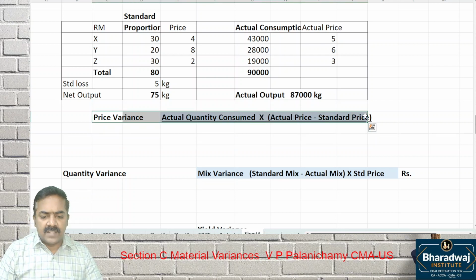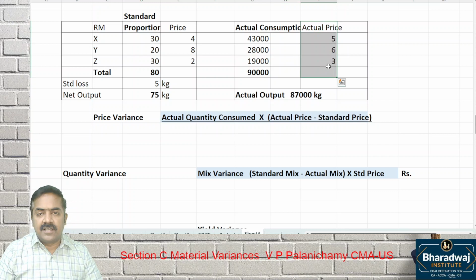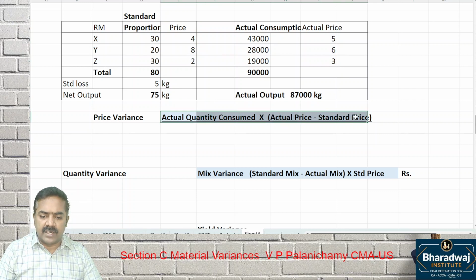What is the price variance? There is a change in the rate. The actual rate is different from the standard rate, and because of that the price variance comes. That's why we take actual quantity consumed into actual price minus standard price.